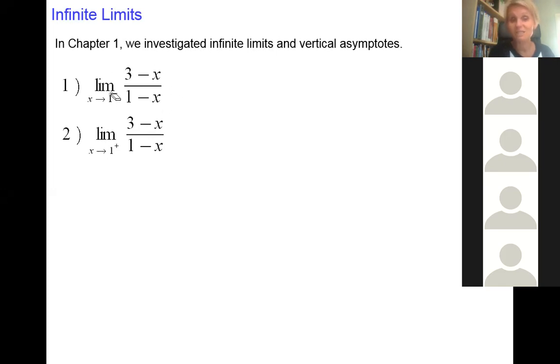In this case, it's (3 minus x) over (1 minus x), and x equals 1 is not in the domain. That means if the number is not in the domain, we may have a vertical asymptote, we may have a hole, we remember, like a removable discontinuity, and what else?